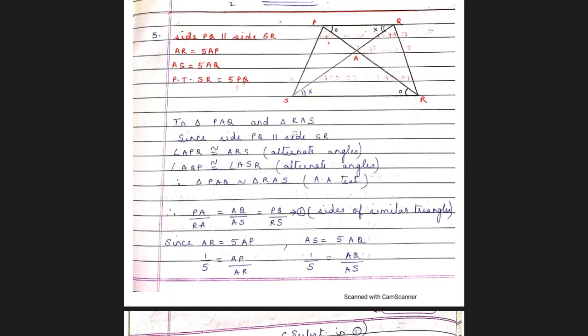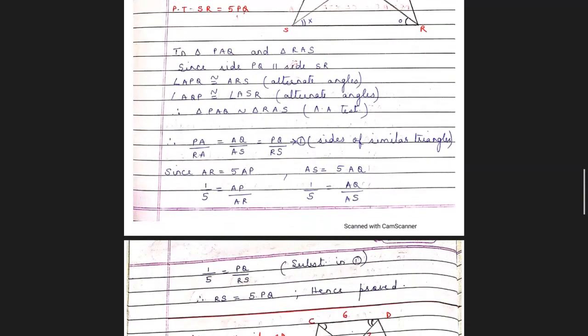So in triangles PAQ and RAS, you have side PQ parallel to side SR. Therefore, angle APQ is congruent to angle ARS, alternate angles. Angle AQP congruent to angle ASR, again alternate angles. Therefore, the two triangles are similar by AA test.